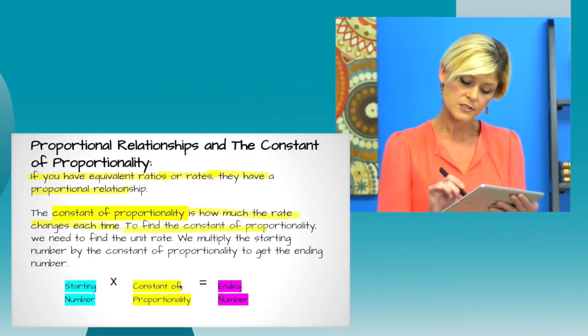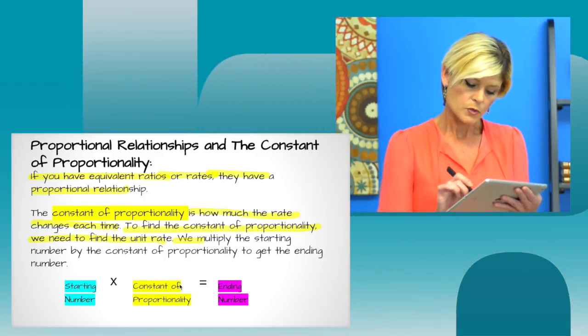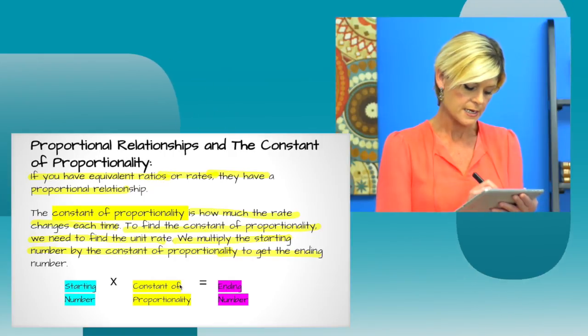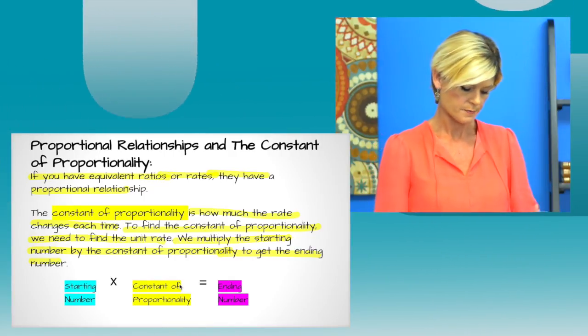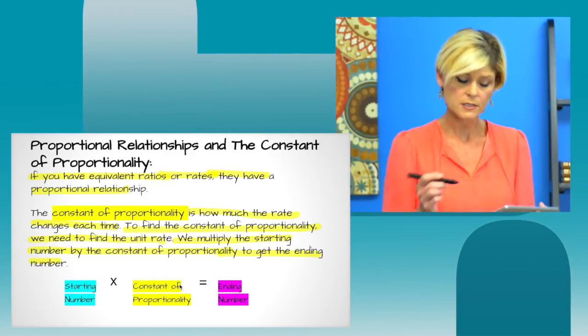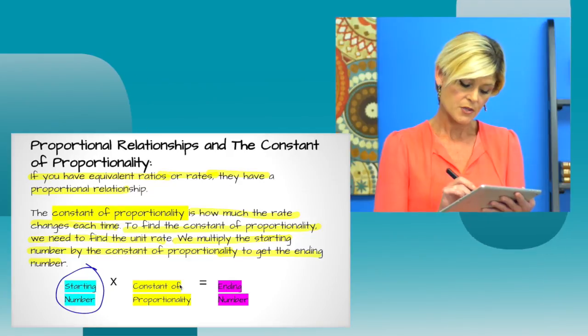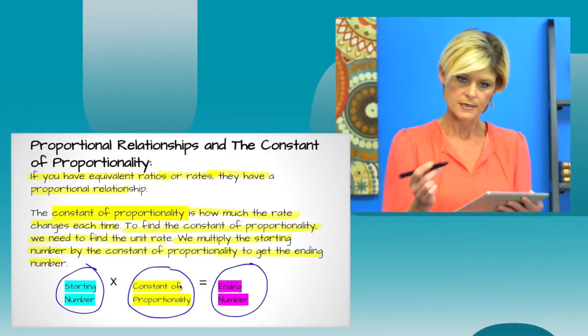To find the constant of proportionality, we need to find the unit rate. We multiply the starting number by the constant of proportionality to get the ending number. Now I'll show you in words and then I'll show you with numbers, and that might make a little bit more sense. But basically, you have your starting number, you multiply it by the constant of proportionality, and in the end you get your ending number.